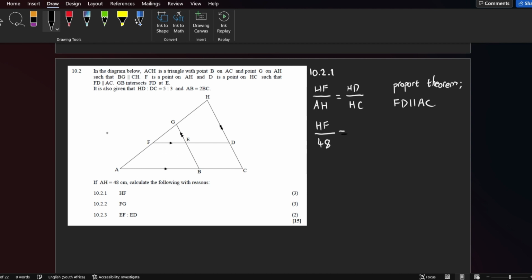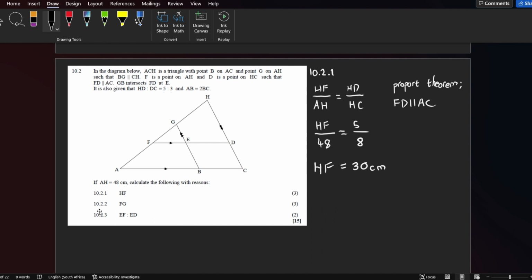And the ratio of HD to HC: we are given that HD to DC is 5 to 3, therefore HD is 5, and HC is a combination of HD plus DC, so it will be 5 all over 8, where we get 8 from 5 plus 3. And then making HF the subject of our formula, we get HF to be 30 centimeters.